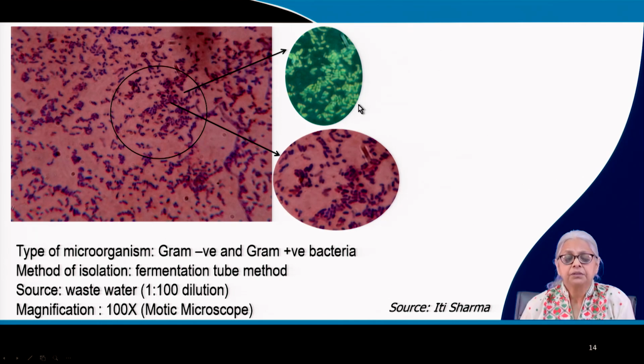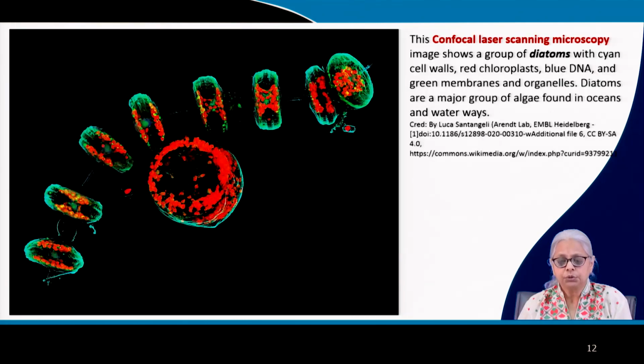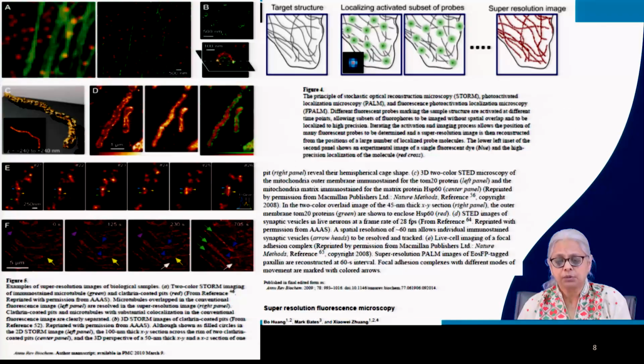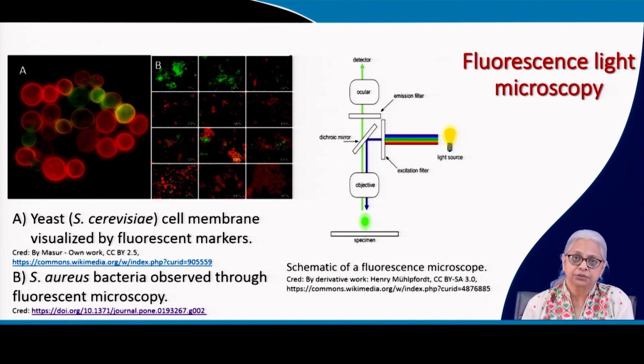And under the filter, so this fluorescence microscope has many options. It's got a bright field option, it's got a dark field option, and a fluorescence option. Now, in fluorescence microscopy, we also use something which I did not talk about, and that is a filter. Now, this filter is the excitation filter, which allows only certain wavelengths of light to pass through.